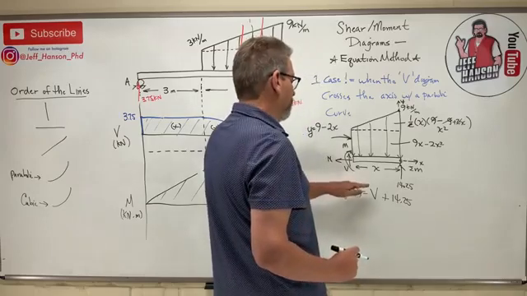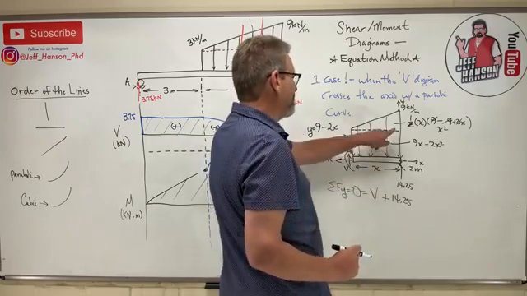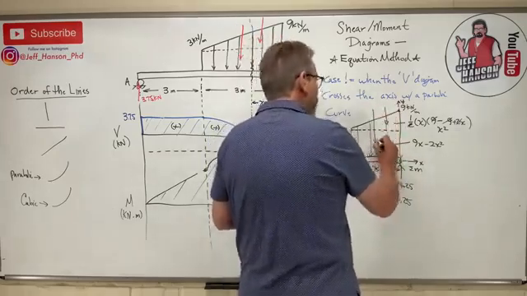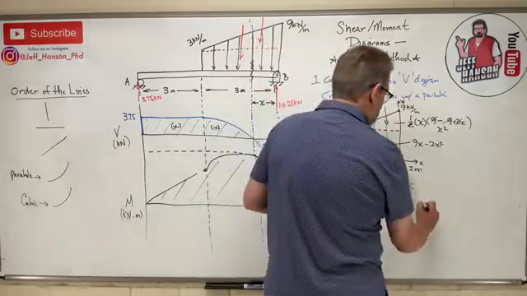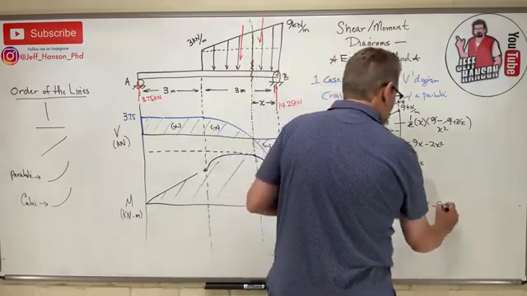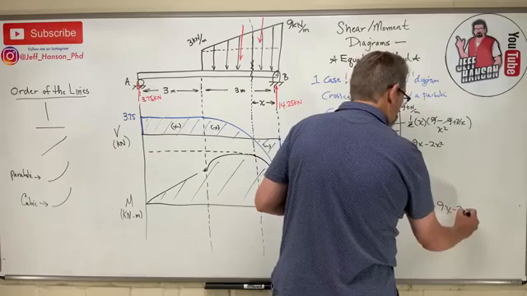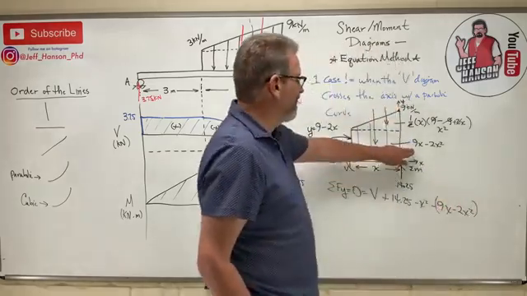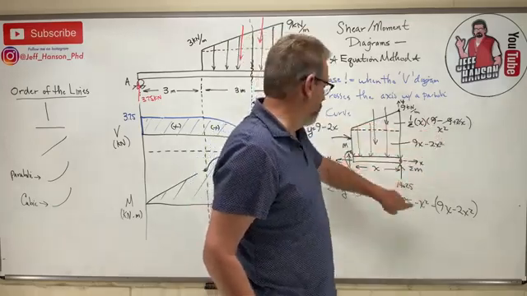And then what else? Minus this bit, right? Because I've got a downward force here and a downward force there. So minus the x squared part, and then minus this guy, minus 9x minus 2x squared. And I'm going to put that in parentheses, right? Because it's minus that whole part there, okay?